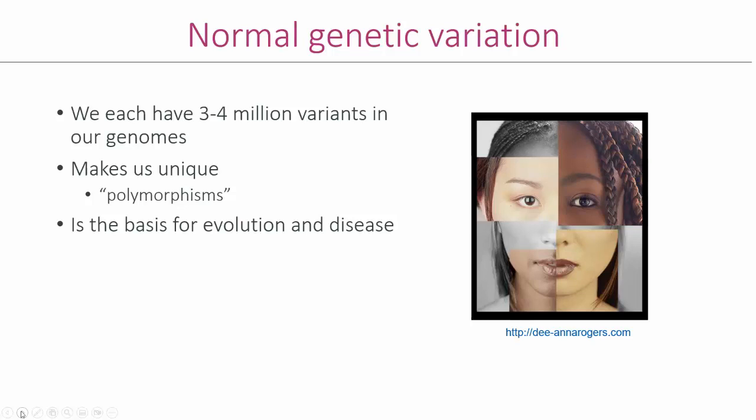So whatever happens in our genome, we all have between 3 and 4 million variants in our genome that are mostly those small base substitutions. And these variants, most of which we don't really know what they do, but they do make us unique and we think are the basis for evolution and the basis for some disease. And we call them polymorphisms, or SNPs, single nucleotide polymorphisms, or single nucleotide variants.